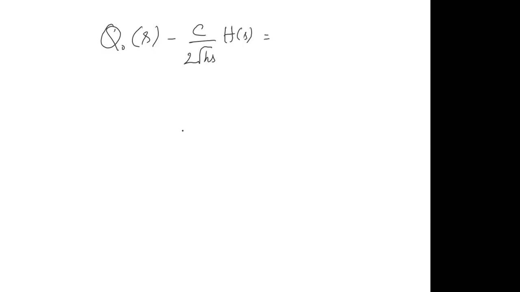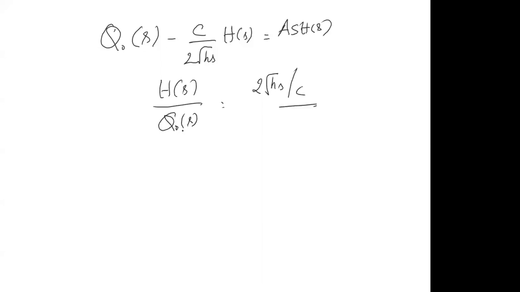A into s into h of s. So what is h of s by q naught of s? 2 root hs by c, into a.